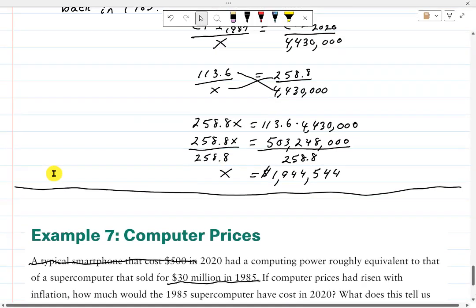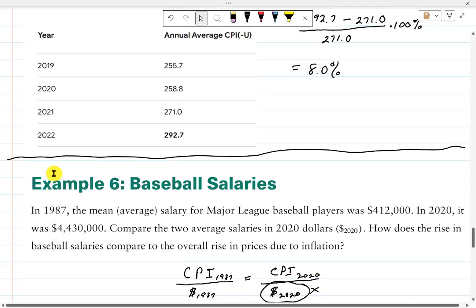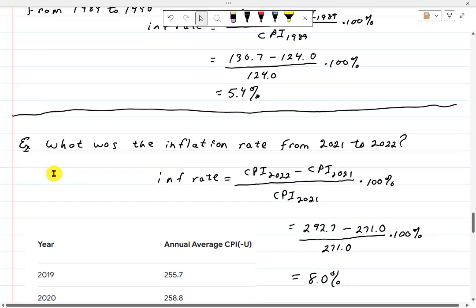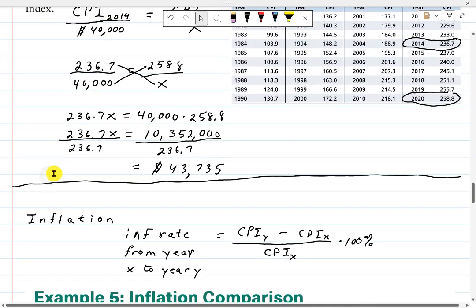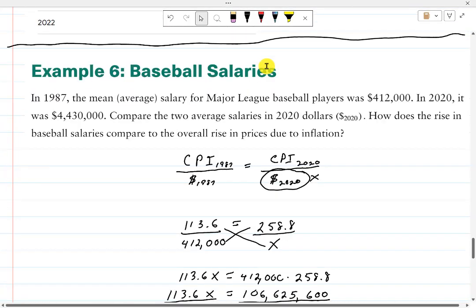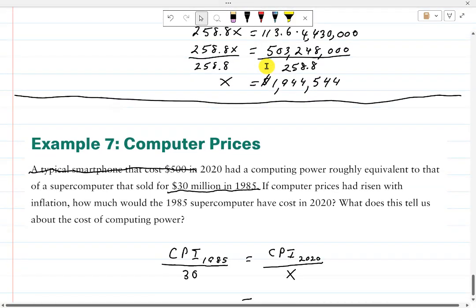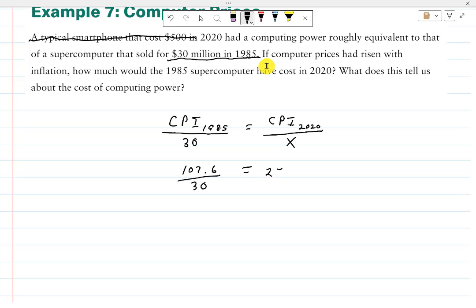We already know what it is in 2020. We've done that a bunch of times. 1985 looks like 107.6. So I have 107.6 divided by 30 million. And the CPI in 2020 is 258.8.